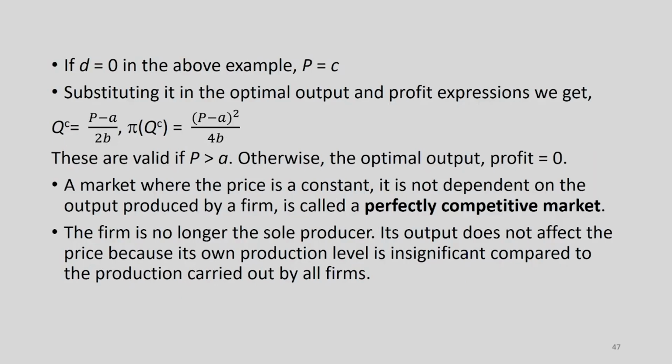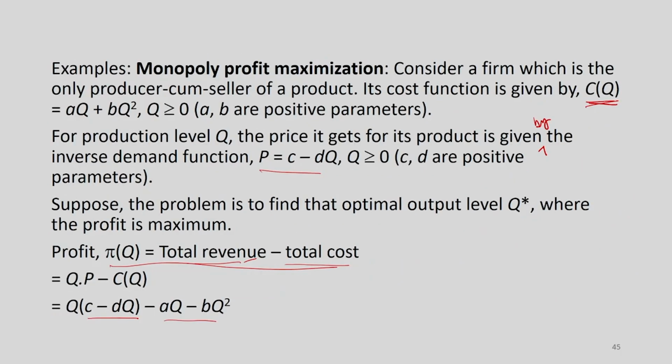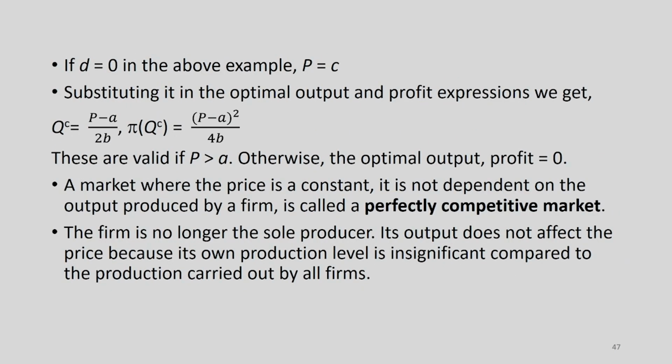Okay, now we talk about another important result here. Suppose d is 0 in the above example. What was d? Let us go back and see where d came from. d came from the inverse demand function. So, if d is equal to 0, then you get p is equal to c, right, and c is a constant amount. That means the price becomes a constant thing if d is equal to 0.